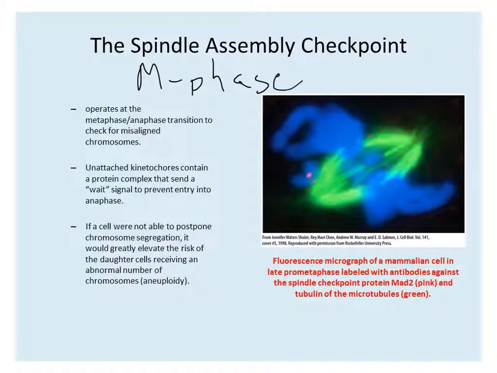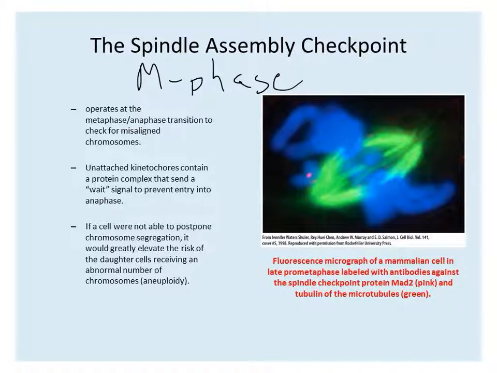And ultimately, this specific checkpoint allows for proper segregation of chromosomes. Essentially, chromosomes need to be aligned at the metaphase plate during metaphase before anaphase will be initiated. So that's why it's called the metaphase-anaphase transition. It's a key event that will not allow chromosomes to separate unless they are properly aligned.